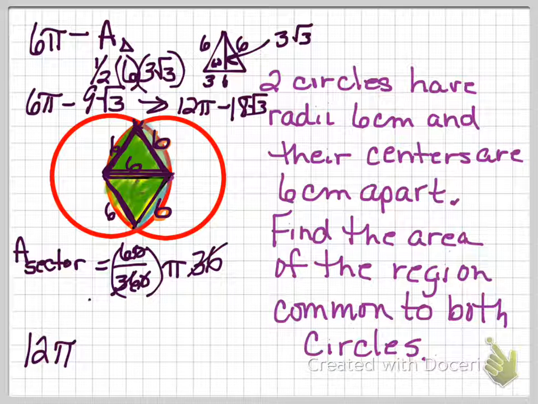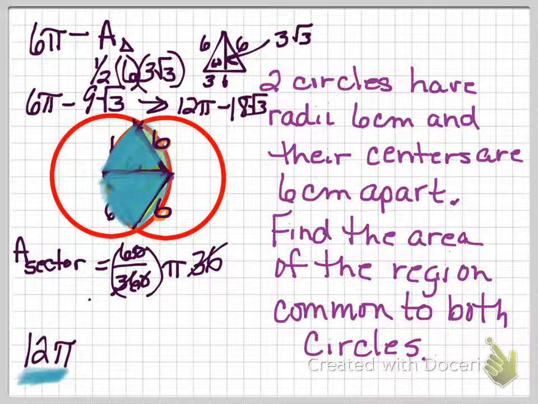So my total shaded region then is, let's go back and take a look, make sure we've got it right. So my total shaded region is going to be that sector, right? So that's one of these, 6 pi. This sector, that's another 6 pi.